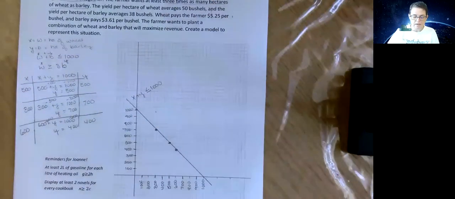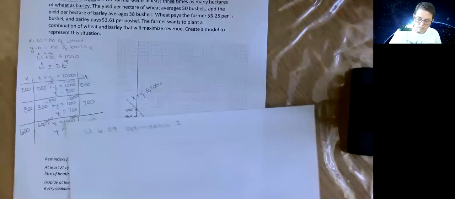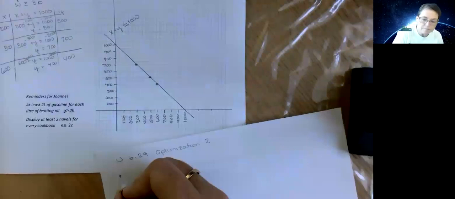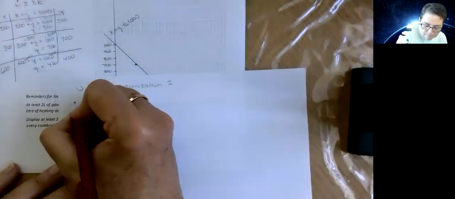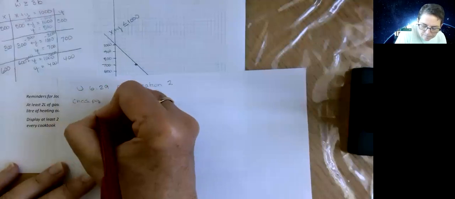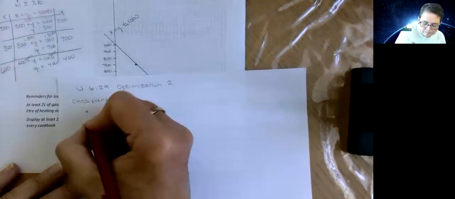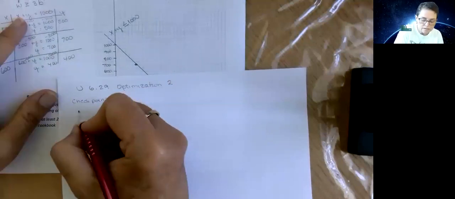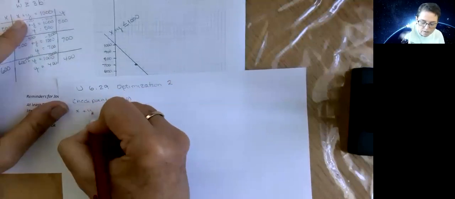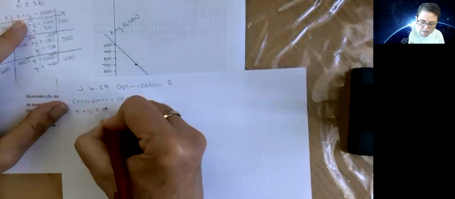So I think what I'm going to do for this question is I am going to do my checkpoints on a different page. Now my equation is x plus y is less than or equal to 1,000.